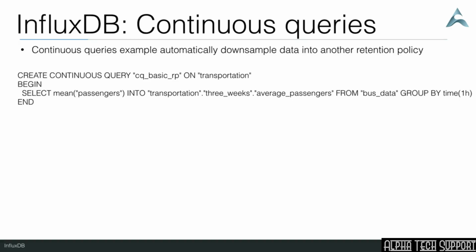CQ_basic_RP executes at 1 hour intervals, the same interval as the group by time interval. Every hour, CQ_basic_RP runs a single query that covers the time range between now and now minus the group by time interval. That is, the time range between now and 1 hour prior to now. CQ_basic_RP uses continuous queries and retention policies to automatically downsample and keep those downsampled data for an alternative length of time.